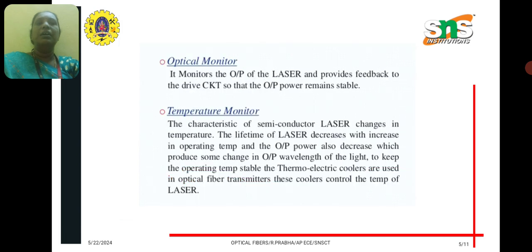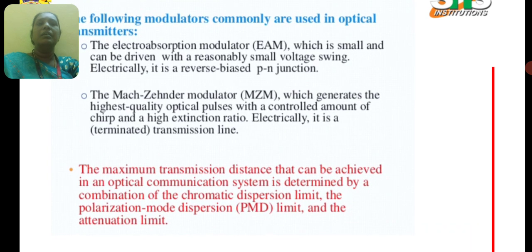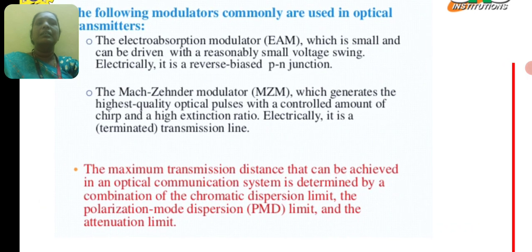And we have the optical modulator. The electro absorption modulator, called the EAM, is small and can be driven with a reasonably small voltage swing. Electrically, it is a reverse biased PN junction.